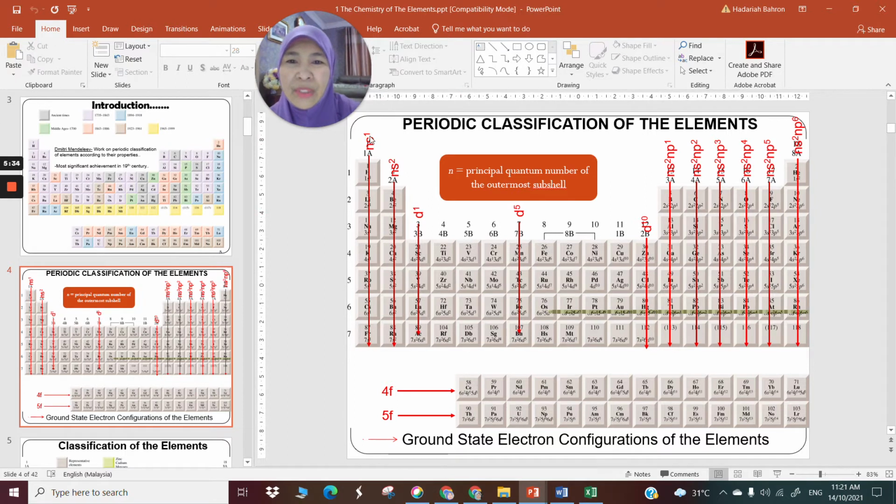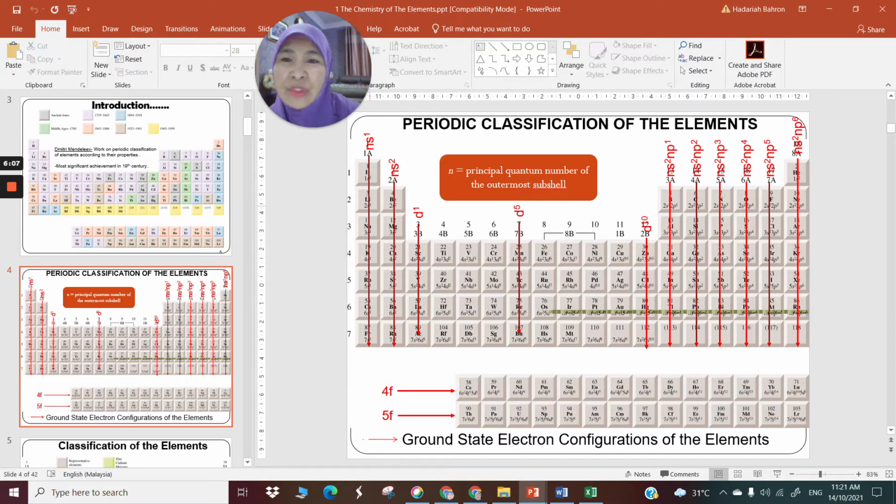When we go down a group, when you have vertical arrangement, that's called groups. So in group 1, you have all the elements having the outermost electron in s1. I'm going to go through this with you. In the s orbital, there is one electron. For hydrogen, it is in the outermost shell number 1.